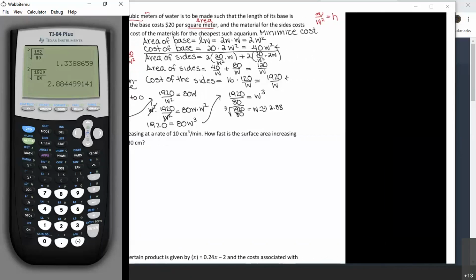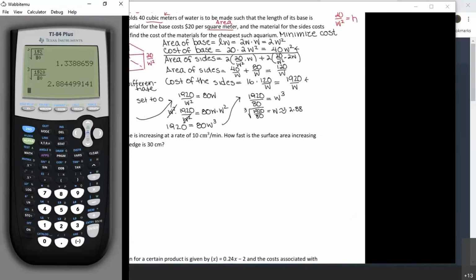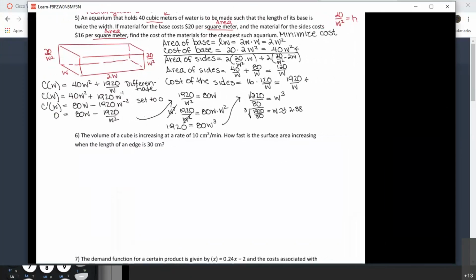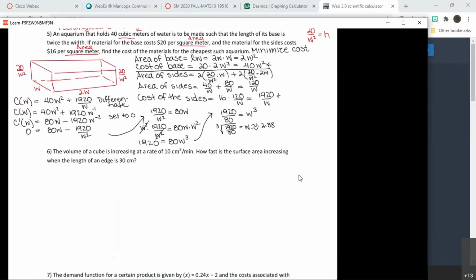Now, what they asked you for in this problem was the cost of materials. See, it says cost of materials. So we're not done yet. I have a W value, but now I need to actually figure out the cost of all the materials.